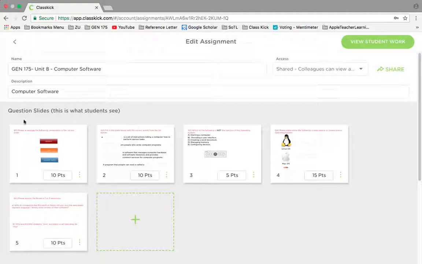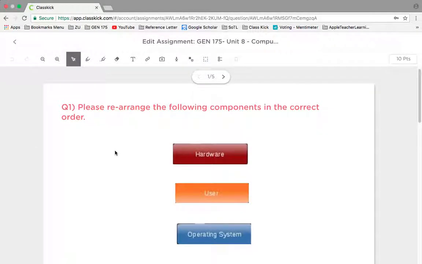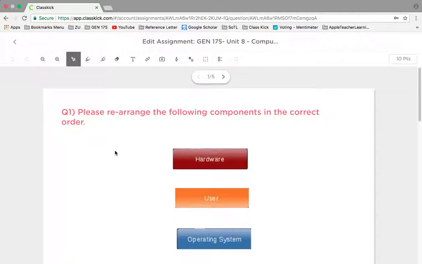I have created an assignment with five questions, wherein each of the questions is graded. If I take you to question 1, I have told them to rearrange the components in the correct order, for which I have given them 10 points.